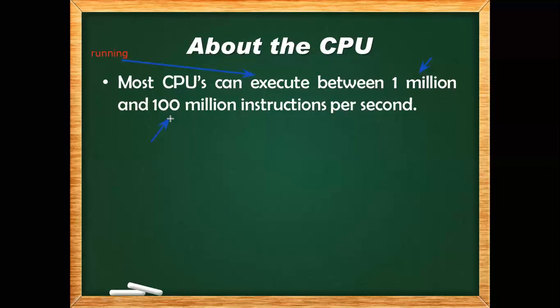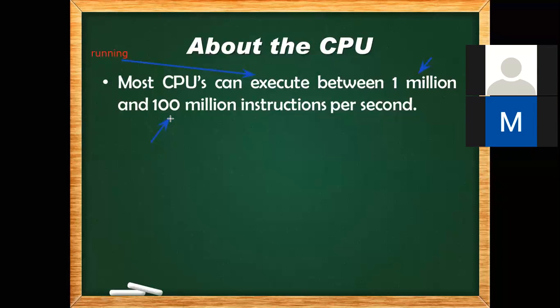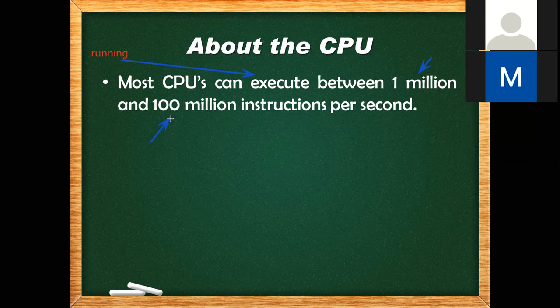All these computers have the power to perform between 1 million and 100 million instructions per second. In simple words, they can perform 1 million to 100 million things, or instructions, in less than a second. So this is the speed of a modern-day computer, and it is based on the CPU.